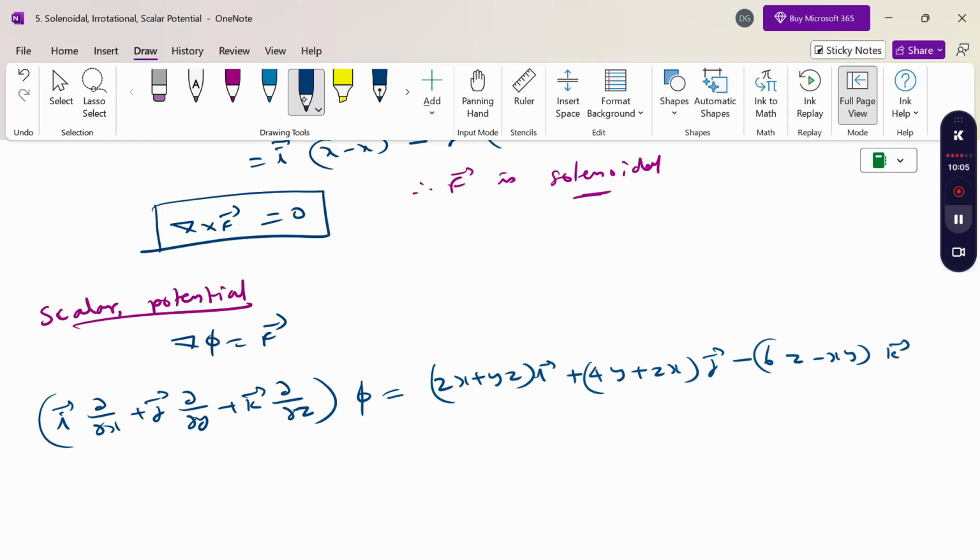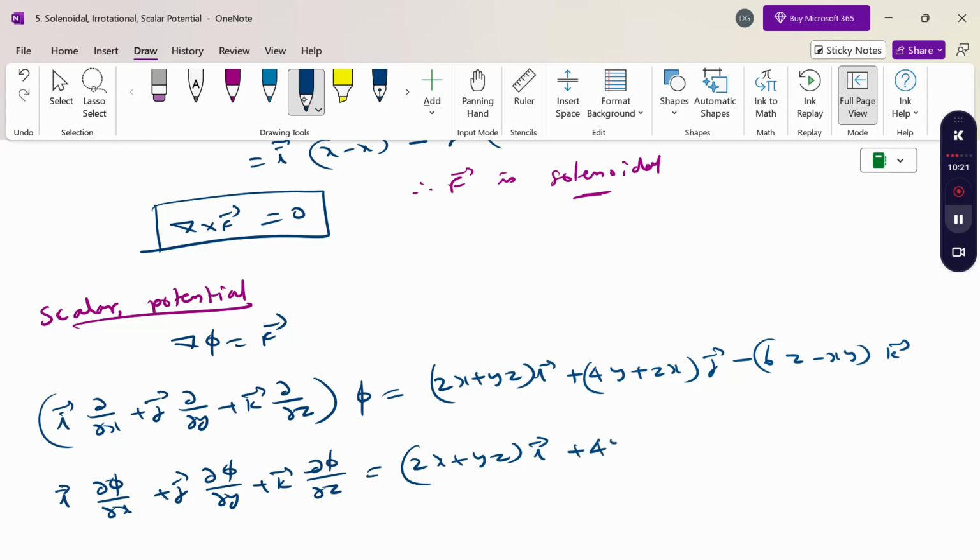Now multiply phi inside this bracket: i vector dou phi by dou x, j vector dou phi by dou y, k vector dou phi by dou z. Now the right hand side, f vector value: (2x plus yz) i vector, (4y plus zx) j vector, minus (6z minus xy) into k vector.